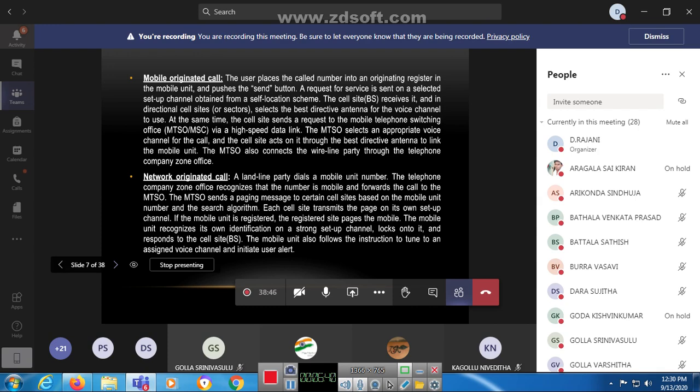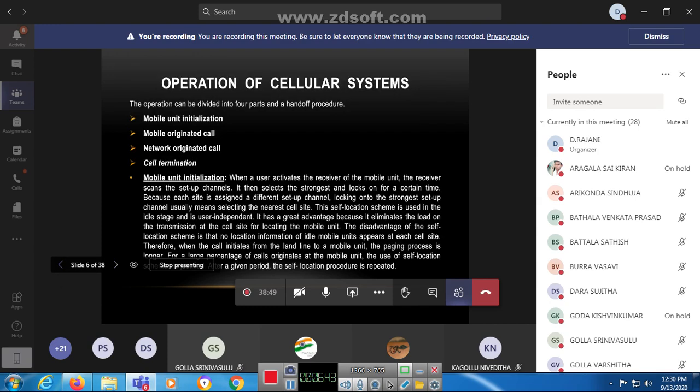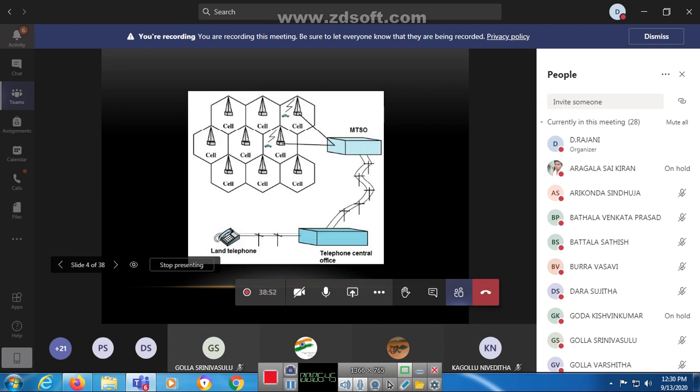I will show it in the diagram. See here, this is 401 and this is 402, with two directions, because we want to make a call. This is one mobile unit, the Airtel mobile unit, and this is another mobile unit, the Idea mobile unit. This mobile unit takes a call from this one. Here, the Idea network first registers what type of network it has.